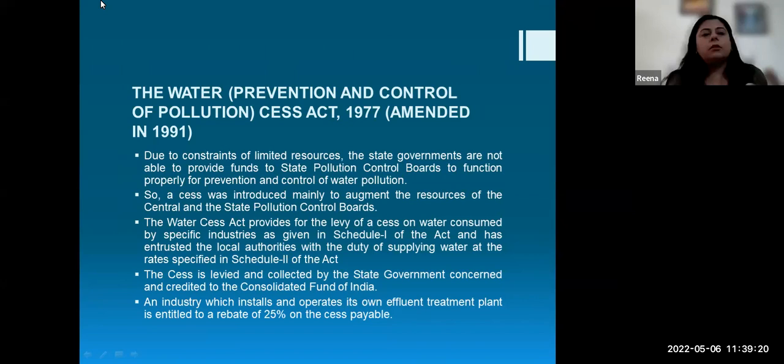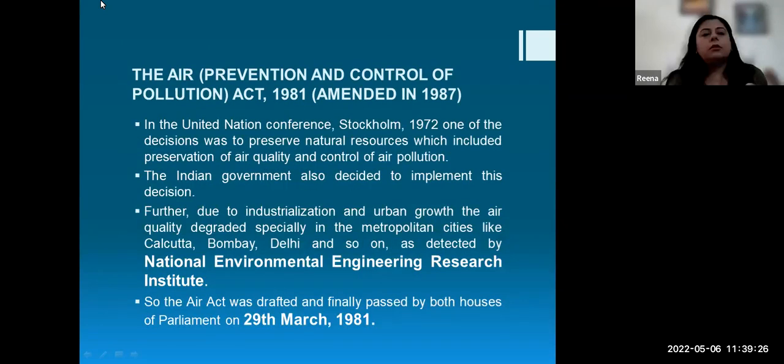standards. Okay. Then in 1981 there was the Air Prevention and Control of Pollution Act.